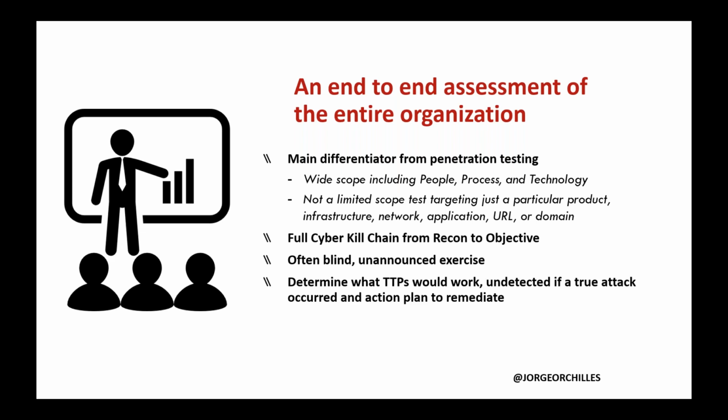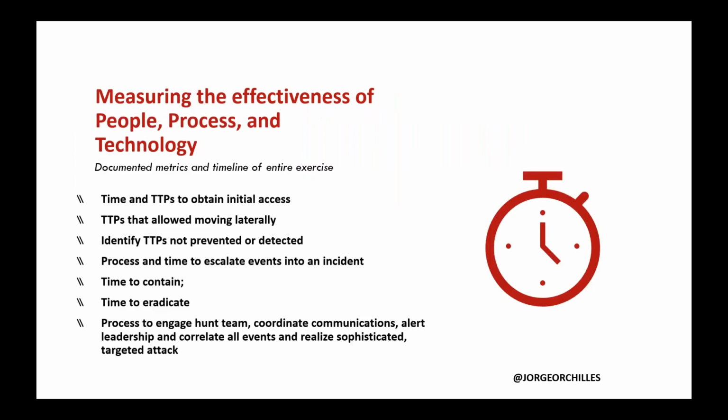And lastly, you want to determine what tactics, techniques, and procedures would work undetected if a true attack occurred, and how you can remediate this, maybe create some sort of detection or better processes to identify the adversary and contain them.